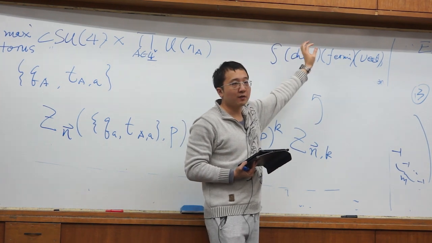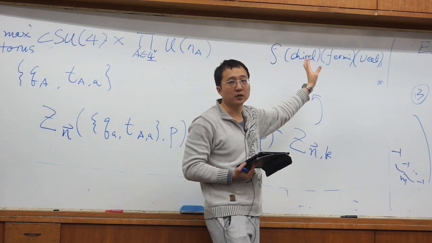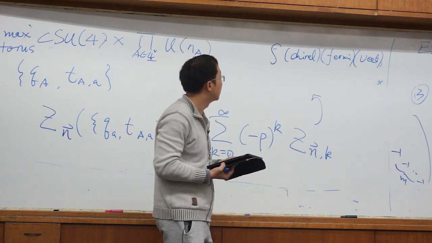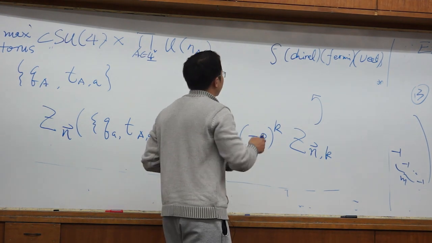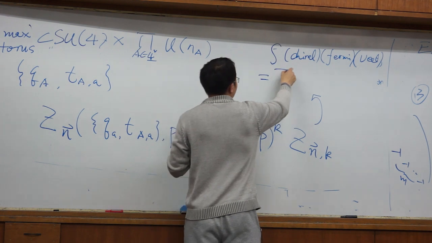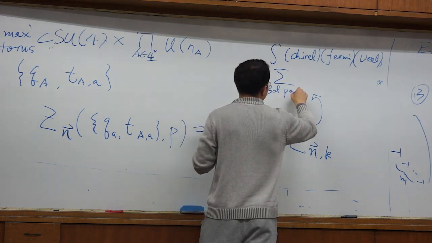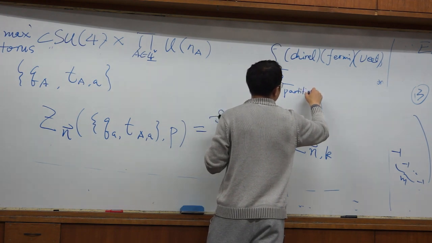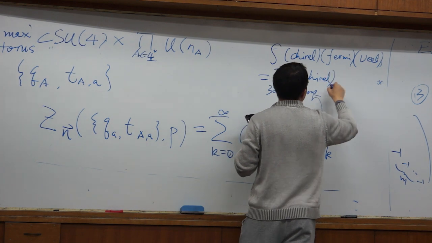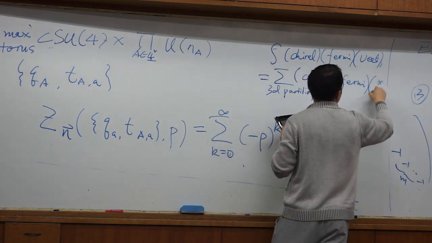But the number of theta functions in the numerator and in the denominator are the same, which reflects the fact that the virtual dimension is 0. And the localization computation turns this integral into a sum over some 3D partitions, with contributions from chiral, Fermi, and vector.